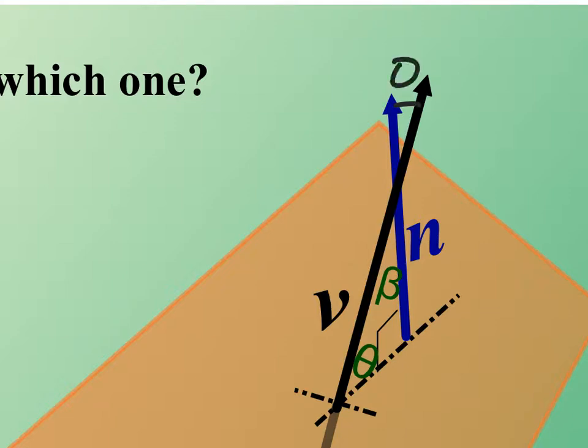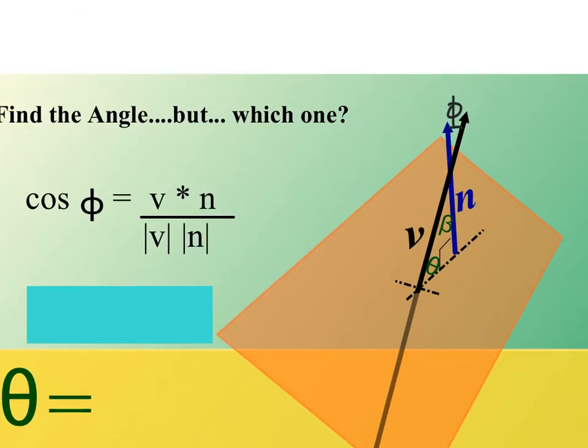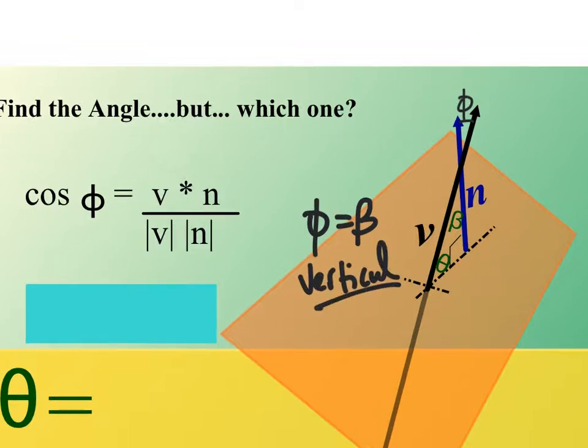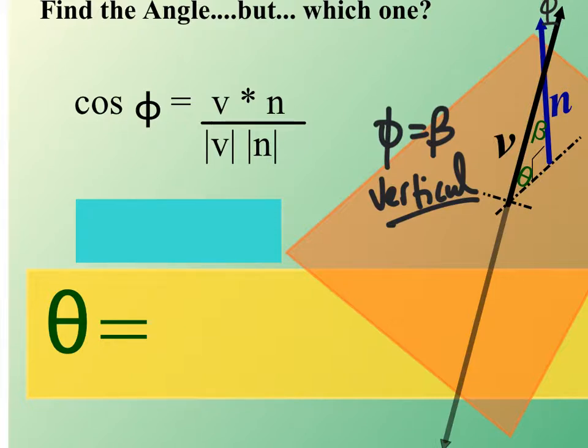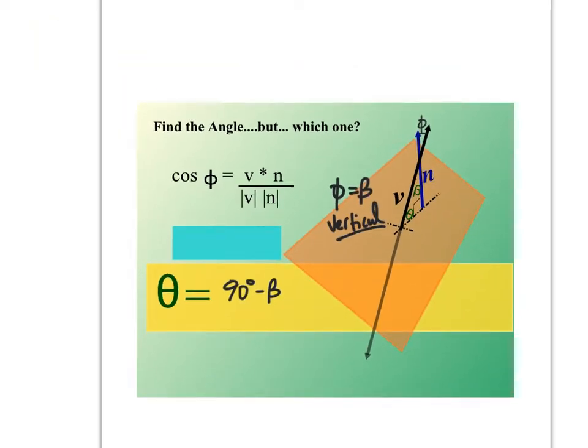Technically, phi would be this angle, but phi, that's Greek, is going to be equal to beta. Those two are vertical angles, and therefore theta equals 90 minus beta. So then we could find that acute angle between the vector and the plane. You guys, the normal vector is probably one of the most important vectors that you'll use with regards to planes.